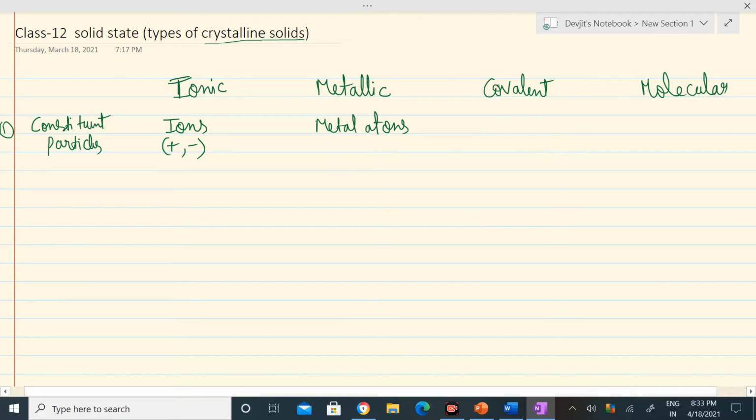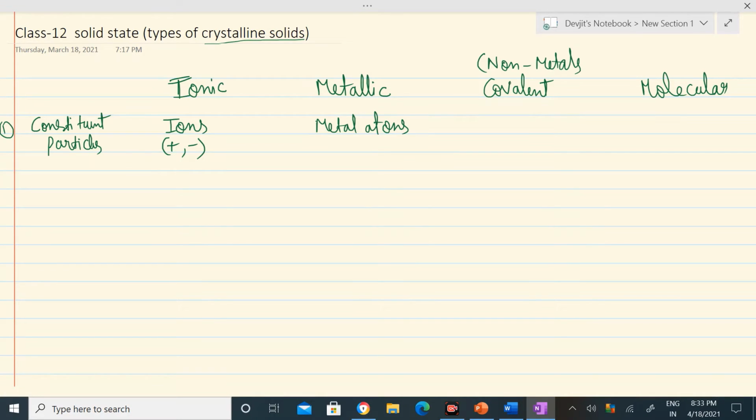Covalent, keep that in mind. Covalent solids are mainly made by non-metals. I'm writing in a bracket: non-metals can only make covalent solids. So what is a covalent solid? We have studied in class 11 in the chemical bonding chapter. A covalent bond is a bond where two atoms share their electrons.